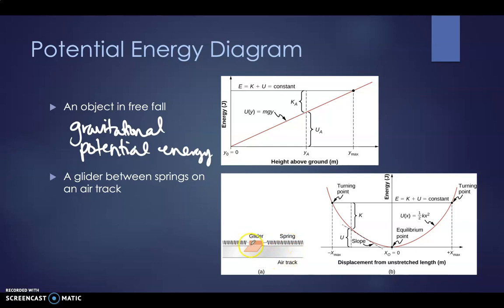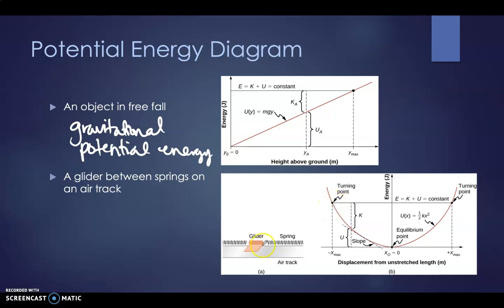In this case, we have a glider that's connected to 2 springs, and so it'll just wiggle back and forth. And this is the potential energy diagram representing that motion. In the middle, where we don't have any motion, this is the equilibrium point. If we pulled it one way, we'd have the highest energy.